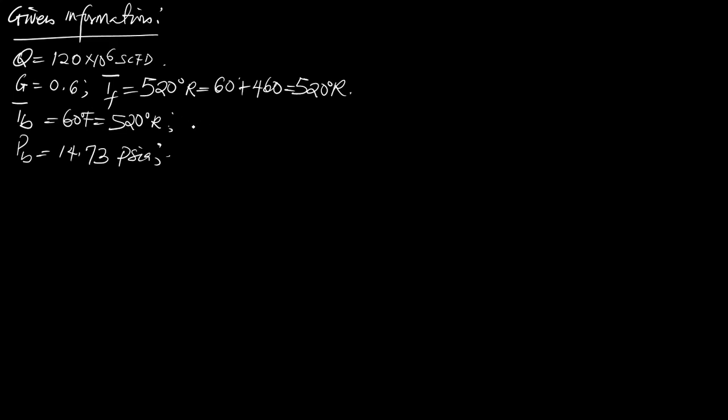Then the pressure P1 at the pressure at A, at capital A, is 1000 psig. Now converting this gauge pressure to absolute, we add 14.73 to it.